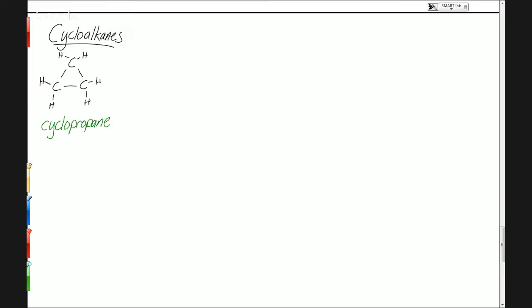So you can probably figure out where that name comes from. It's got 3 carbons, which is propane, and then they're in a ring connected to each other in a closed loop. So that's called cyclopropane, and that's how we differentiate it from regular propane.